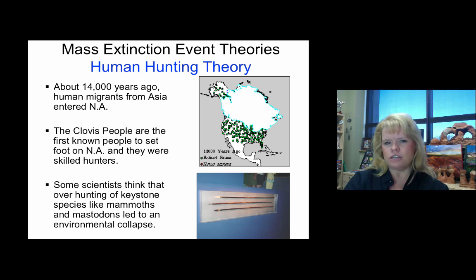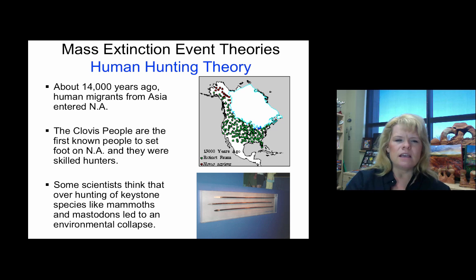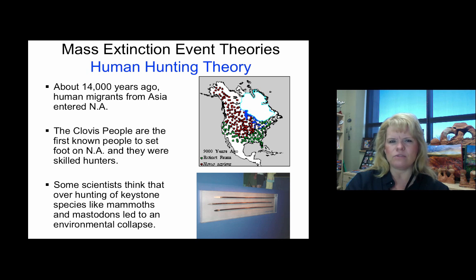The human hunting theory is thought to be one of the major causes of the demise of these large megafauna, at least for mammoths. About 14,000 years ago, we know that humans were definitely in North America. Definitively, we can say that because we find fossils and artifacts that date back into the 20 and maybe even 25,000 marker. The Clovis people are the first known people that left really good artifacts behind.